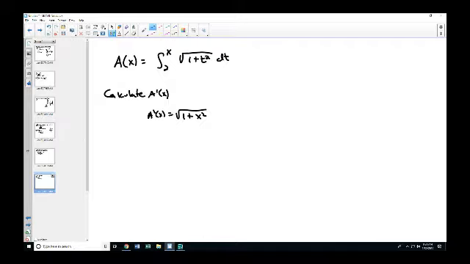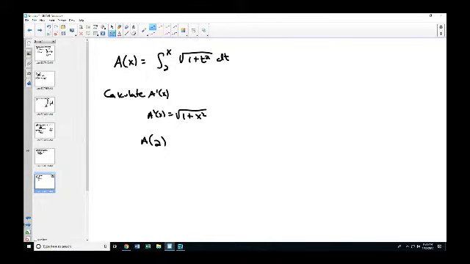Here's another. What is A at 3? Let's try it, because you don't know how to calculate that antiderivative yet.